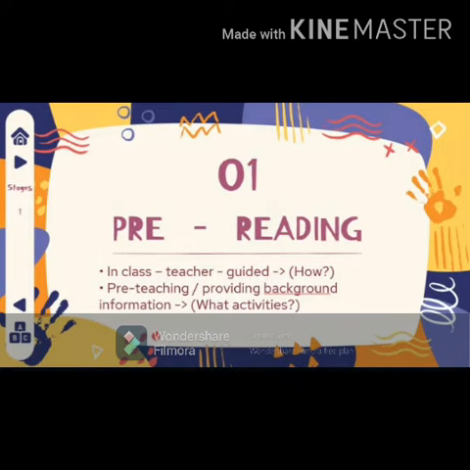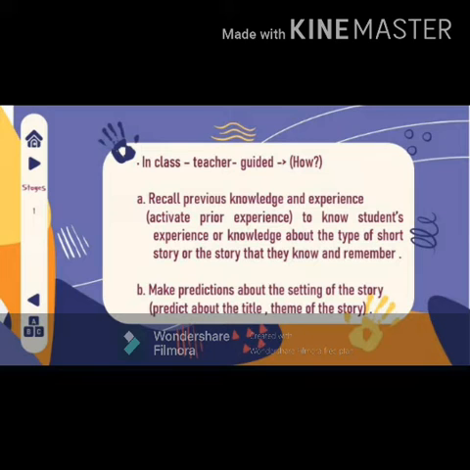Pre-reading activity. In this stage, there are 2 important activities that must be carried out. First, in-class teacher mentor. How to do that? A. Recall previous knowledge and experience. You can activate previous experiences.